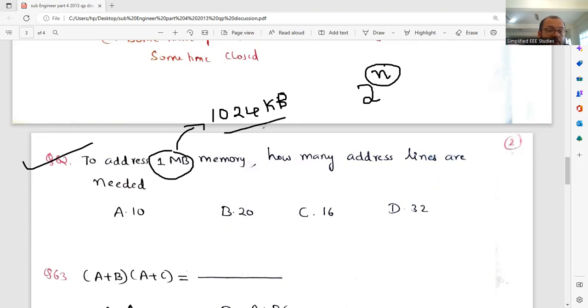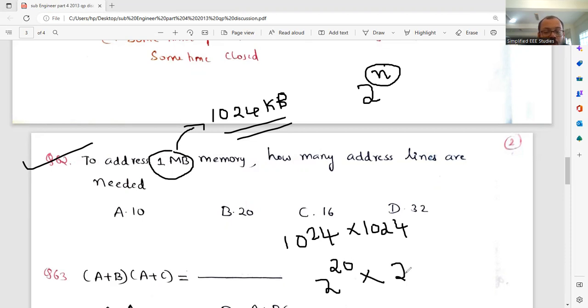Initially, this KB can be written in terms of byte. So this much of KB can be written as 1024 into 1024. In mathematics, you must have studied 1024 is nothing but 2 to the power 10.